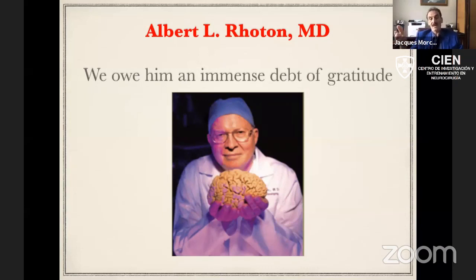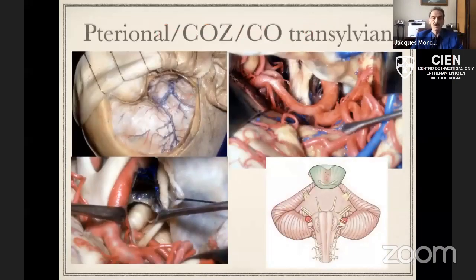So we owe this man, Al Rhoton, an immense debt of gratitude in everything we know in anatomy. And I'm going to use his slides to demonstrate some of the anatomical approaches. Pterional cranio-orbitozygomatic or cranio-orbital transsylvian would get you to this zone of the midbrain.